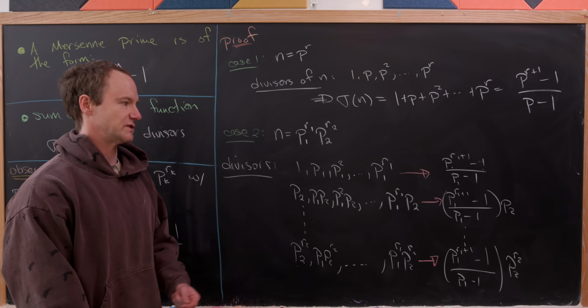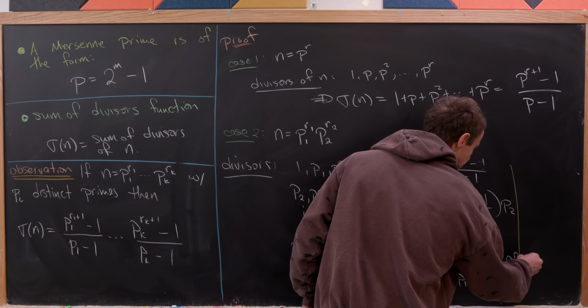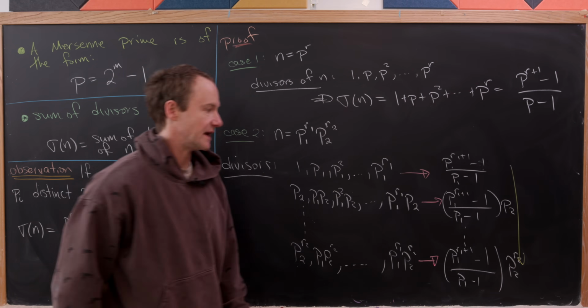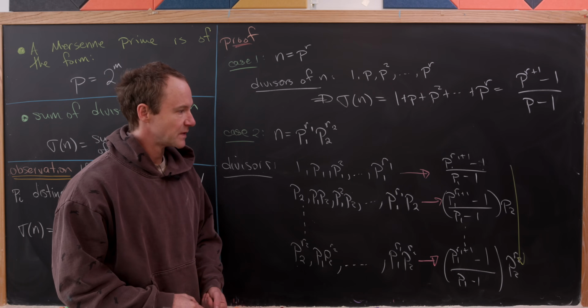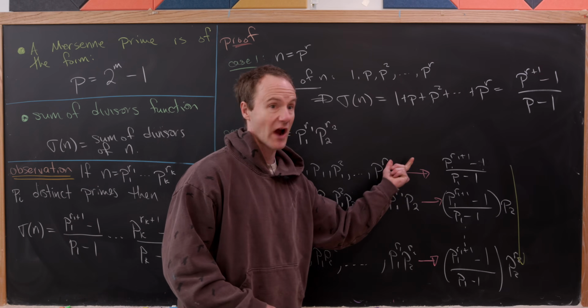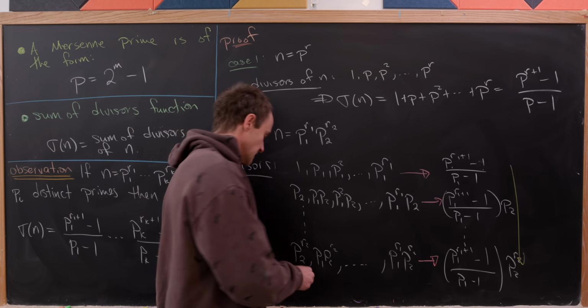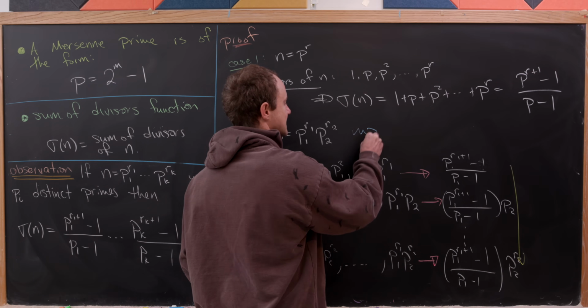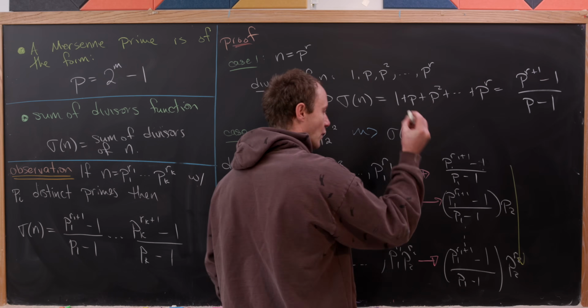But now what we'll do is we'll sum down this vertical line, keeping in mind now we've got a finite geometric series where the starting term is this fraction here, and the common ratio is p sub 2. And so putting all that together, we'll see that sigma of n is exactly what we want it to be.